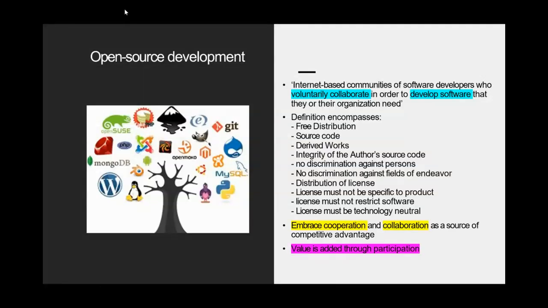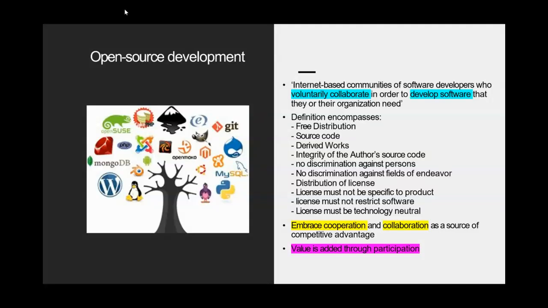All of you who have Android phones are using open source code. Open source is where everybody has access to the code that was used to develop the Android platform, right? So there you have free distribution, free source code, derived works, integrity of the author's source code.